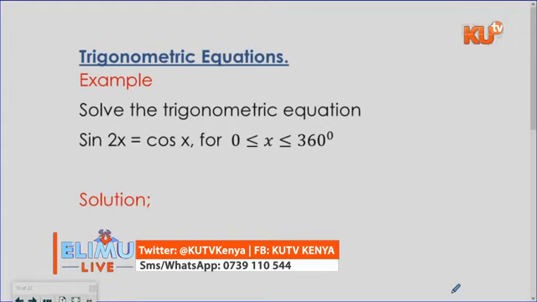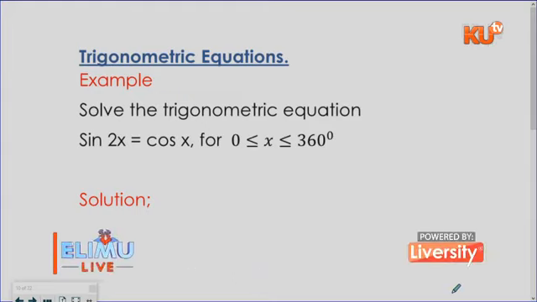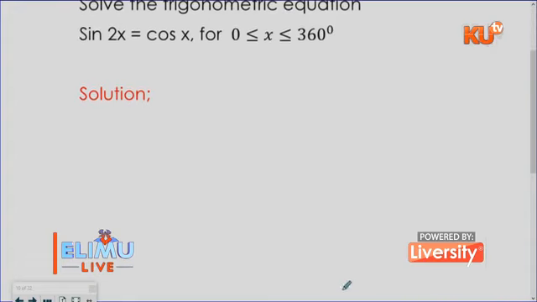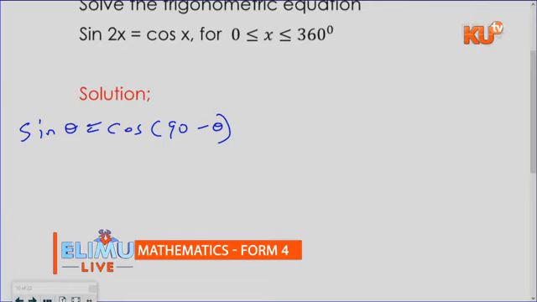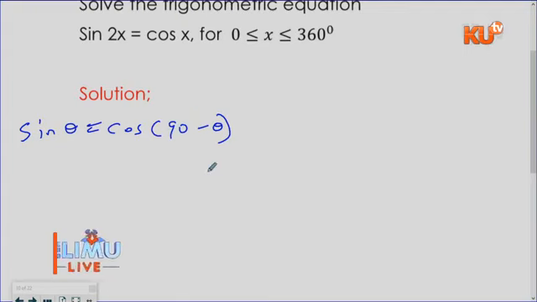Here I'll take you back to Form 2. As I earlier said, this is just a revision of what we already know. In Form 2, we said that sine theta is equal to cos of (90 minus theta). These angles are called complementary angles. If you add theta to this angle, it should give you 90 degrees.